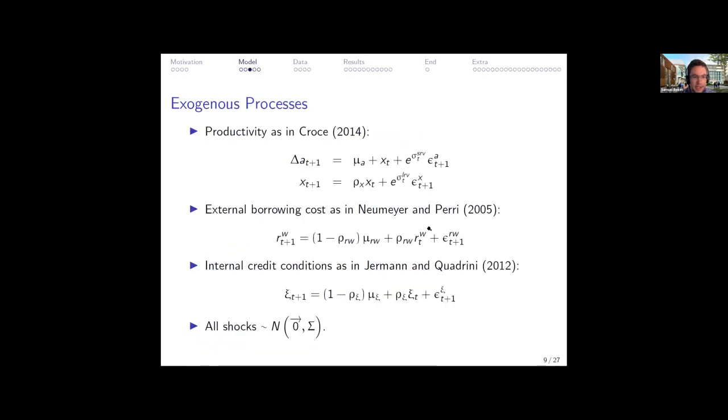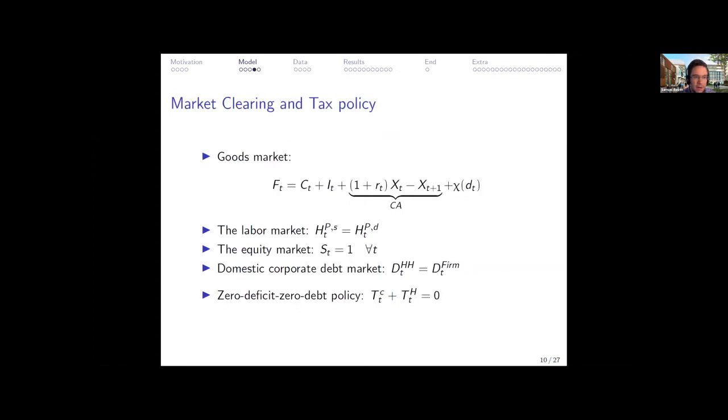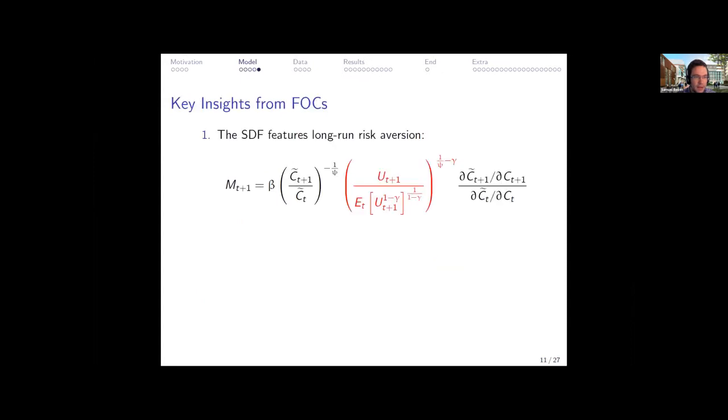The exogenous processes in this model are standard. Market clearing is also standard. There are two key insights from the first order conditions I want to highlight. First, Epstein-Zin recursive preferences make investors care about long-run shocks. This is standard in the long-run risk literature, and the key term in the SDF is highlighted in red.